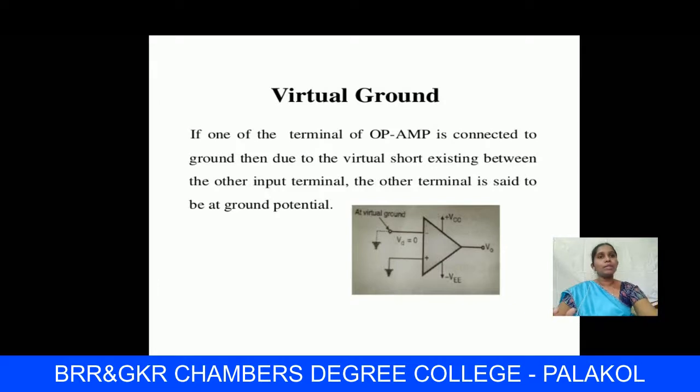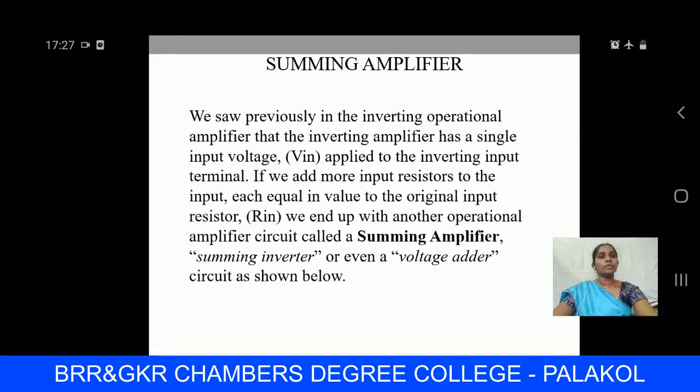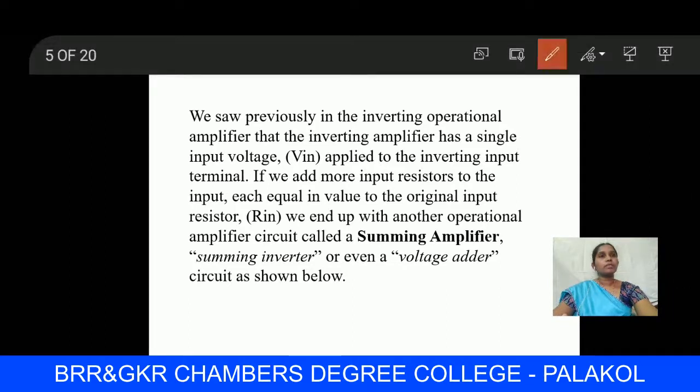If one of the terminals of an op-amp is connected to 0, that means the first terminal, minus, the same concept applies here also. So here V1 is equal to 0, therefore V2 is equal to 0. The same concept applies to the virtual ground also.